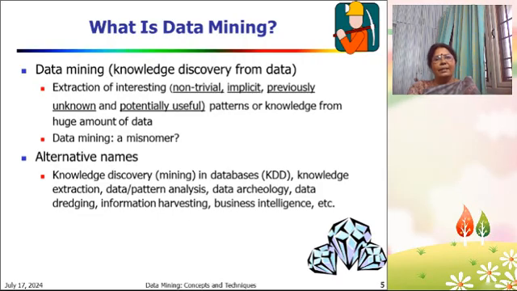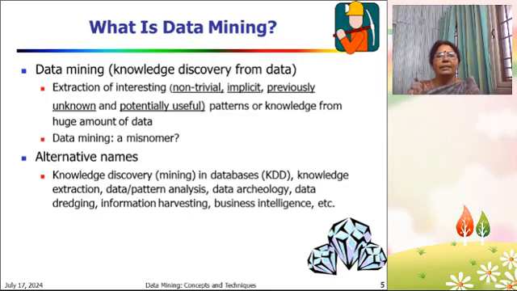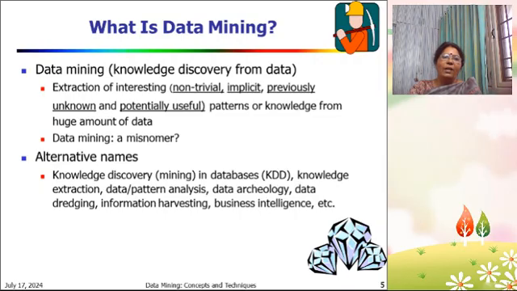So data mining is the process of extraction of interesting patterns or knowledge from a huge amount of data. Hope you understood the process of data mining. It can be referred to with different names.